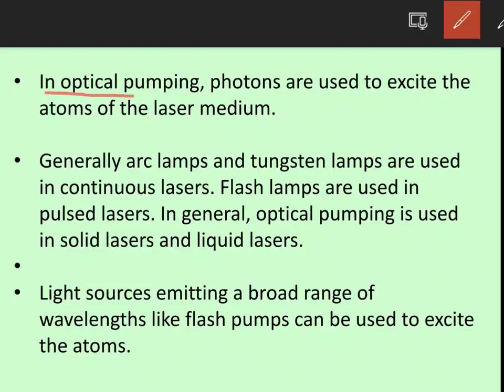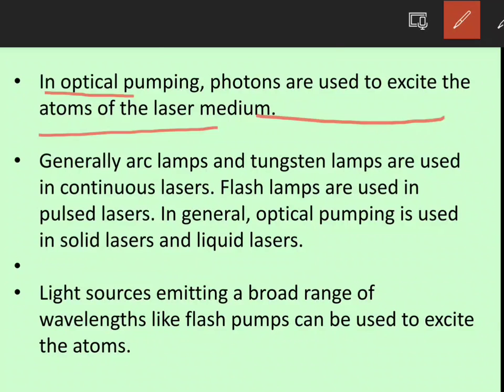By using light energy, photons are used to excite the atoms to jump from a lower energy level to a higher energy level or from a higher energy level to a lower energy level, whatever transitions take place. So in the optical pumping method, light energy is used for excitation of atoms.